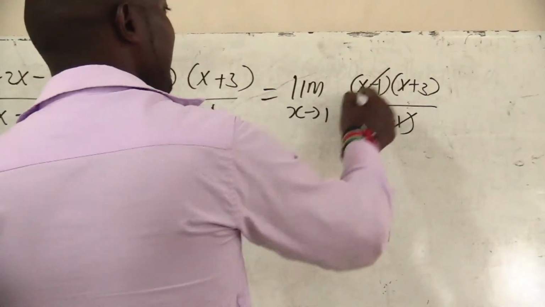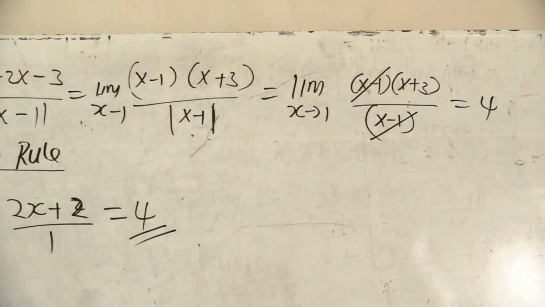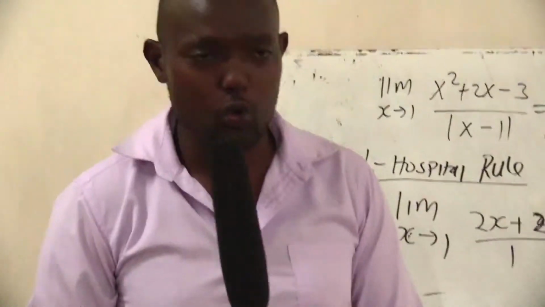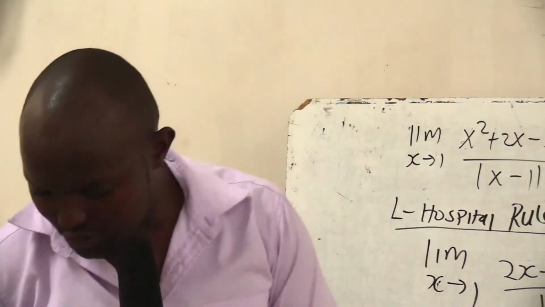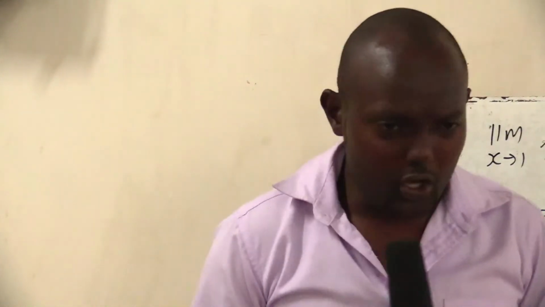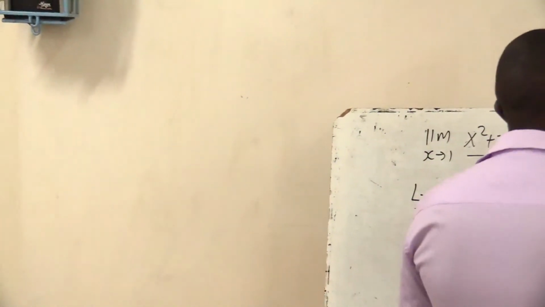So that one and that one will cancel, and you get the answer is 4. I said in case you have some doubt about something, you can use L'Hôpital's rule. Those are the basic questions that you expect when we are using direct substitution.